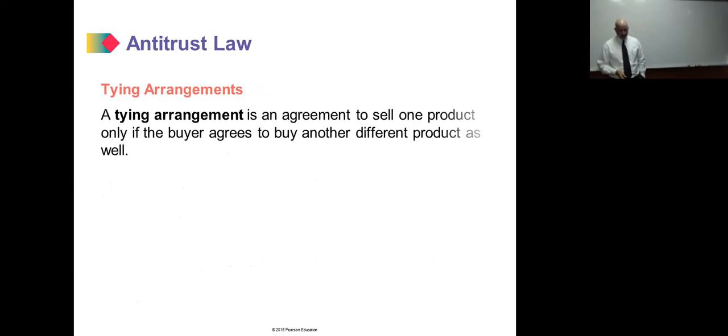Tying arrangements. An agreement to sell one product only if the buyer buys another product as well. Imagine you went to your local car lot and you decided that you were going to buy that new Ford Explorer. And that dealership told you they would only sell that to you if you agreed to a five-year maintenance plan.